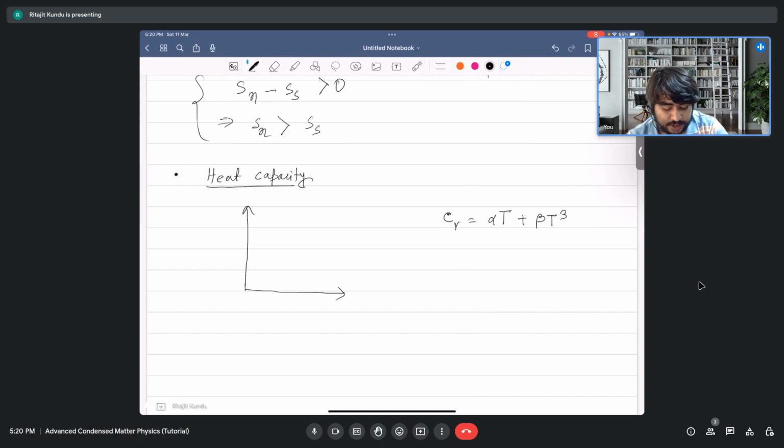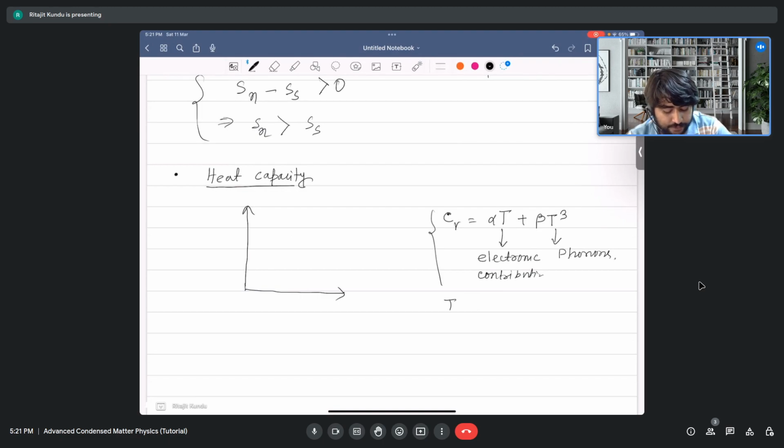This alpha T is the electronic contribution, and the T cube is the contribution coming from phonons. For a normal metallic system you will expect this to be the case.